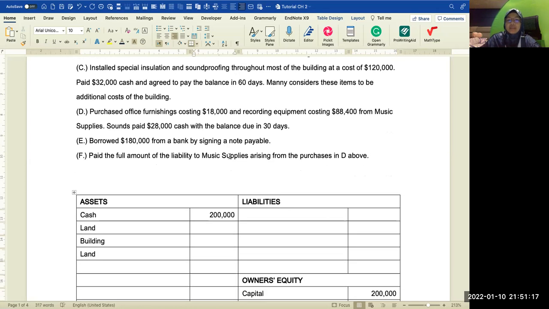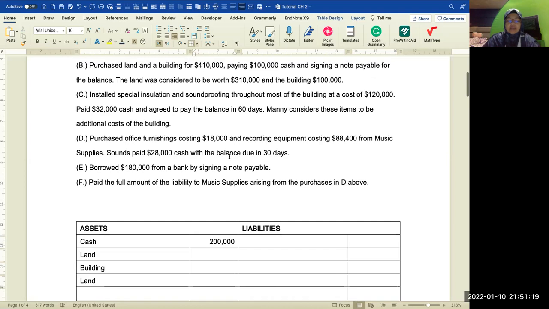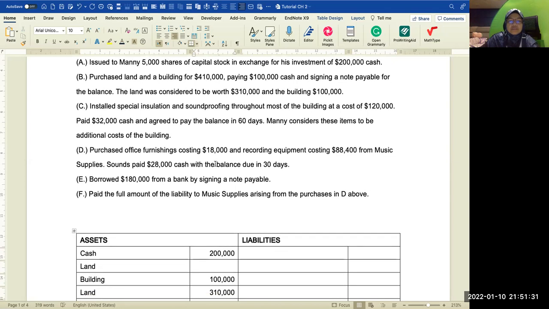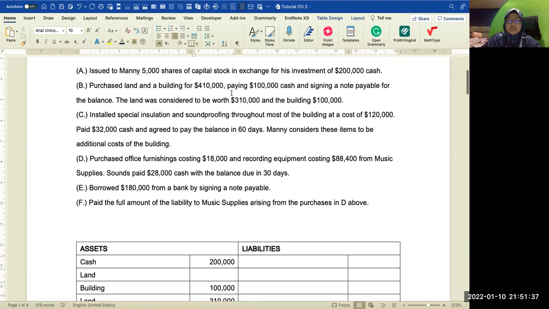So you have building of 100,000 and the land of 310,000. Okay, next. Why cannot we divide them accordingly, like the 410 divided by 2? Why would we put the building as 100,000 and the land as 310? Or doesn't matter, we can put any figure?